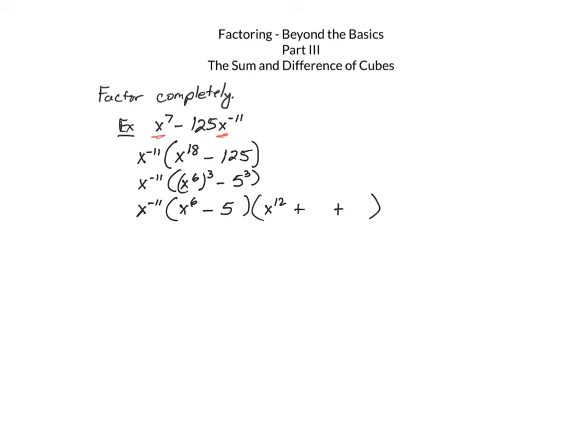In the middle, we take the product of 5 and x to the 6th. And our last term will be 5 squared. And again, this trinomial is prime. The binomial is prime. And we can't do anything else with x to the negative 11th. Well, we could do something. We could write it as 1 over x to the 11th, but that's unnecessary. We could leave the answer just like this.